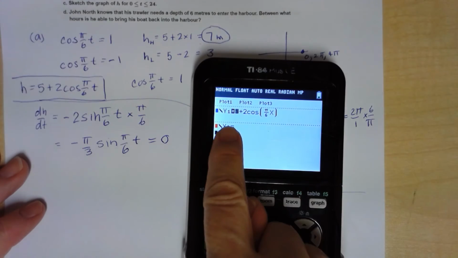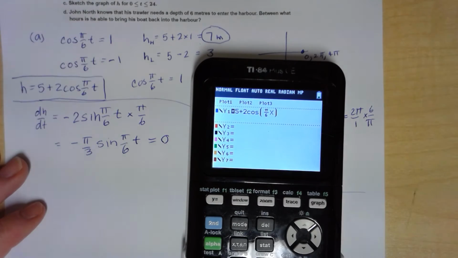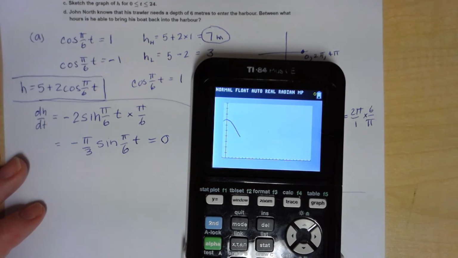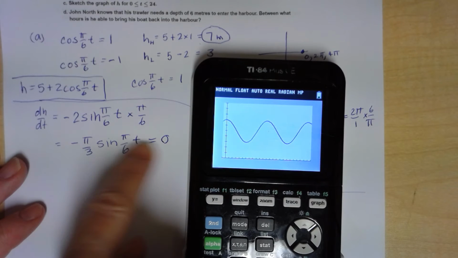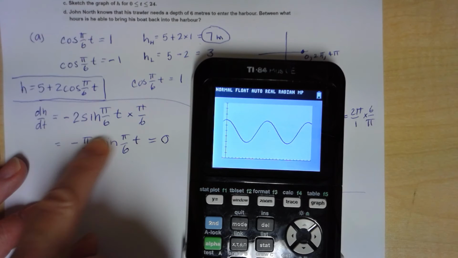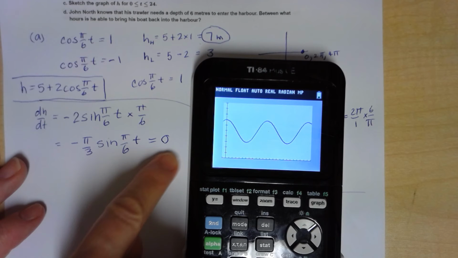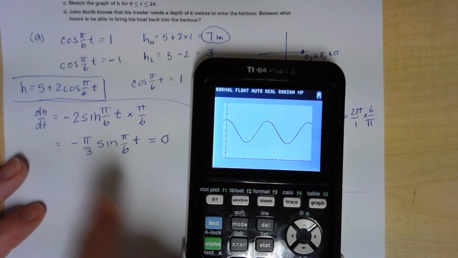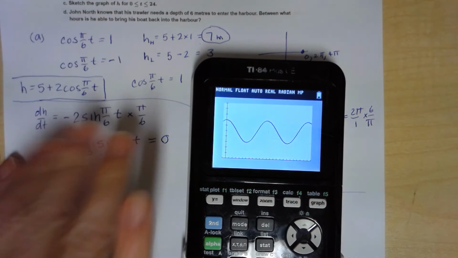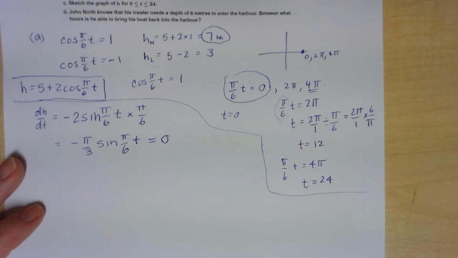Yesterday we typed in 5 cos pi on 6 and we graphed it, and it was really easy to see what the graph looks like, and it was easy to see that at 0 and 12 it peaks. This problem is also going to give you the minimum values. So this turns out to be a bit harder, and we did that in class yesterday.